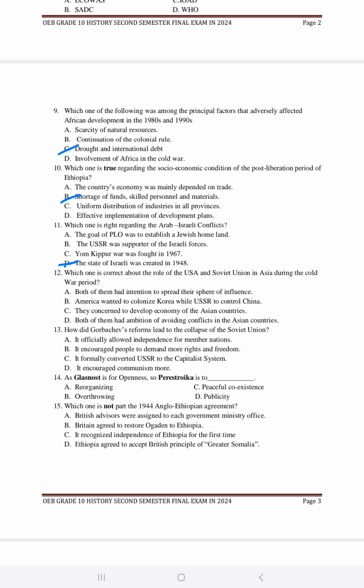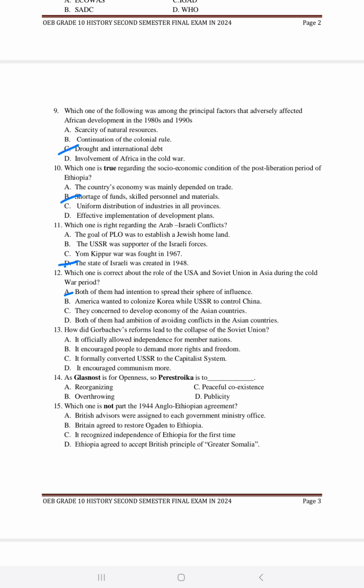So A is correct. B. America wanted to colonize Korea while the USSR wanted to colonize China. No, the USSR was with China. America was also with Korea and southern Vietnam.